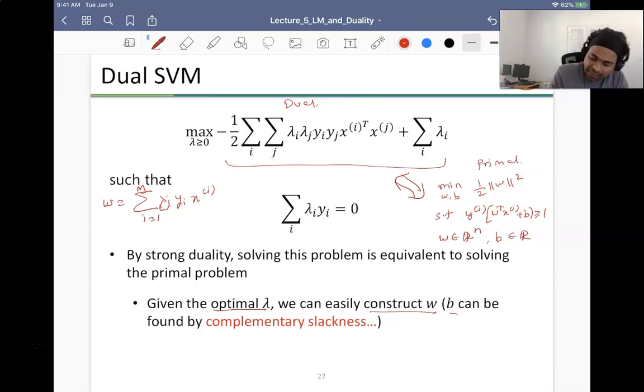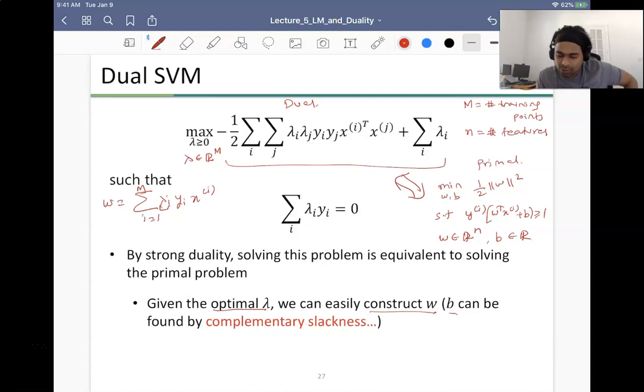But for lambda, in the dual problem, the dimension is actually R raised to M, where capital M is the number of training data points, and N is the number of features. I think this piece is super critical to keep in mind.